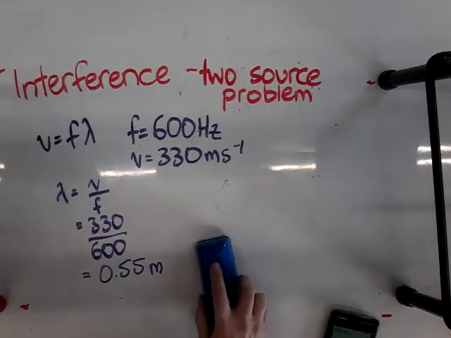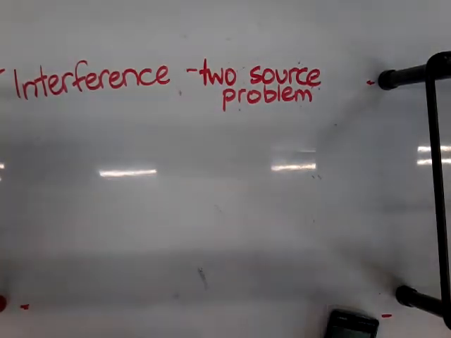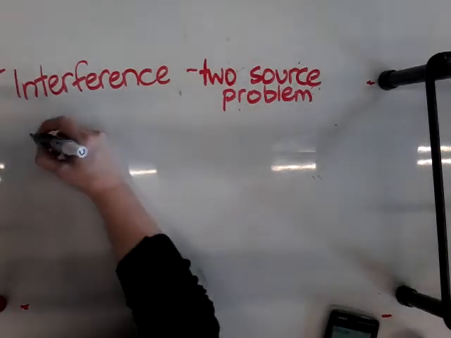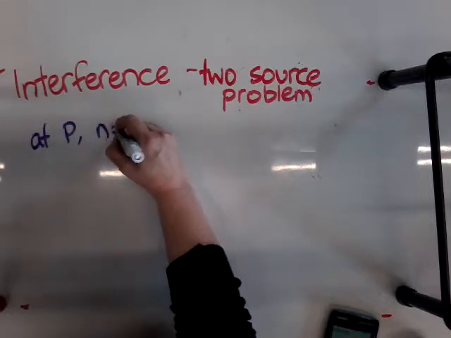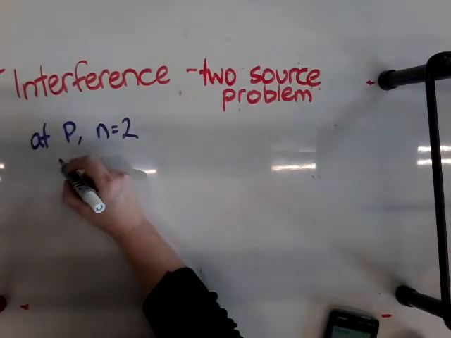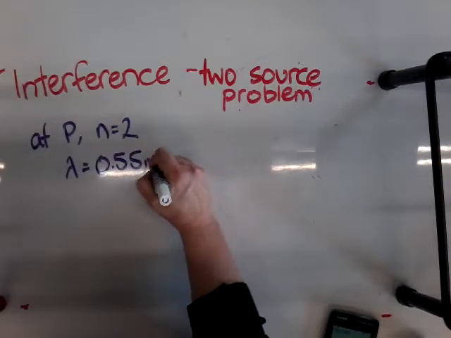Now we want to find where P is, remembering that P is the second loud point. Okay, so at point P, n equals 2. We know that the wavelength is 0.55 meters.